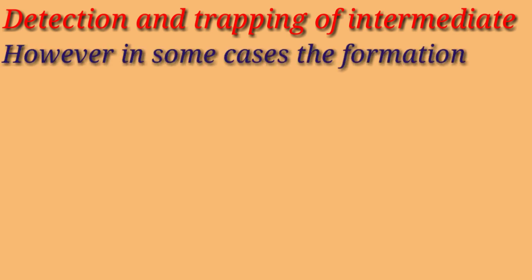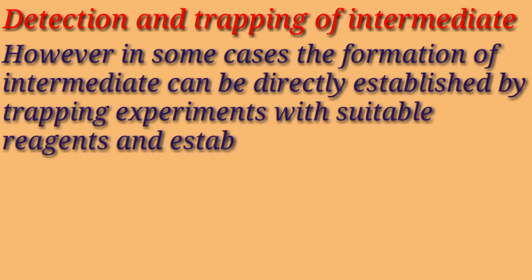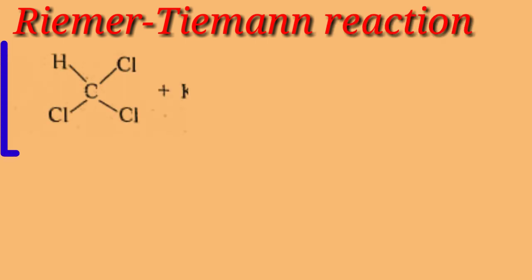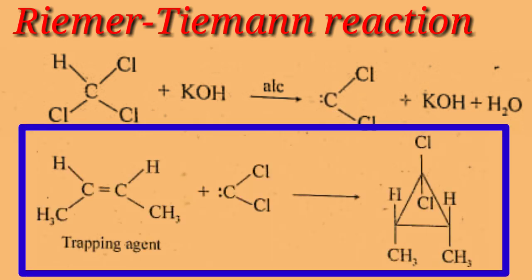In some cases, the formation of an intermediate can be directly established by trapping experiments with suitable reagents and establishing the structure of the resultant product. For example, during the Reimer-Tiemann reaction, dichlorocarbene may be formed as an intermediate, and its formation can be established by trapping with an alkene like cis-2-butene.